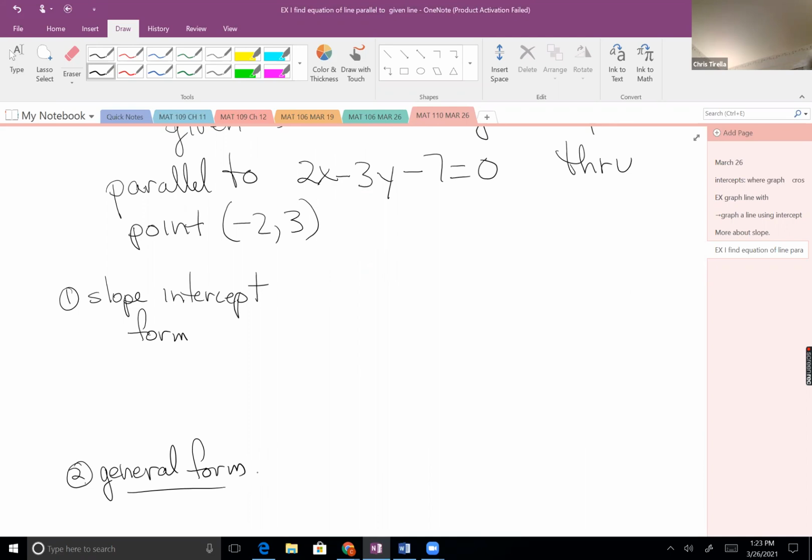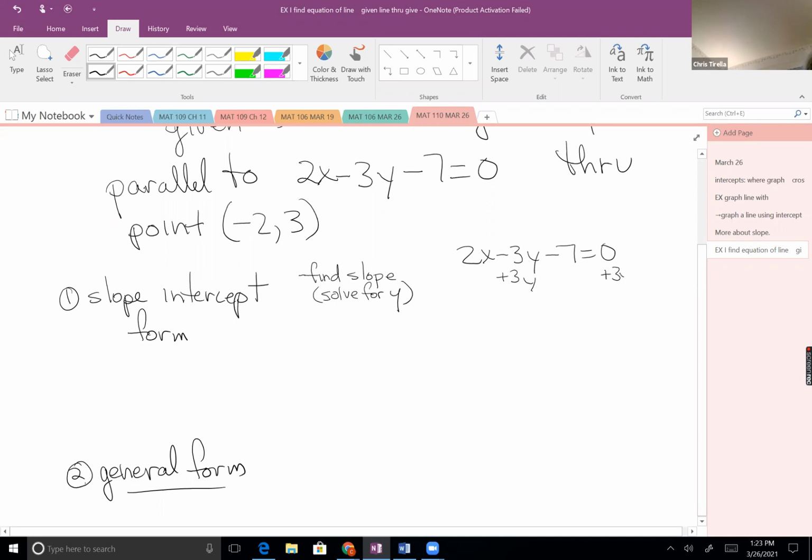To find it in slope-intercept form, the first thing that I need to do is find the slope. And so if I have 2x minus 3y minus 7 equals 0, to find the slope, remember it means we want to solve for y. So I'll add my 3y to both sides, giving me 2x minus 7 equals 3y.